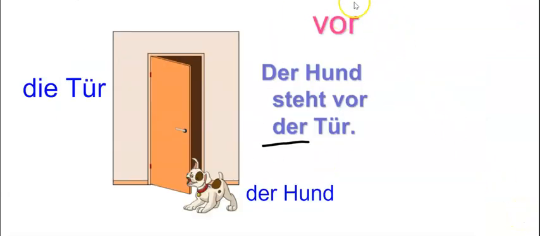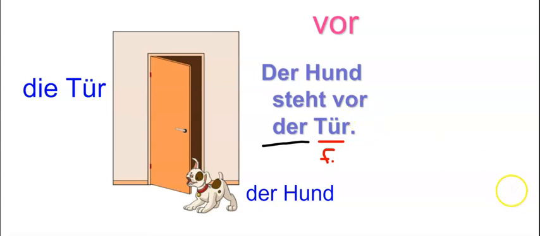Here's another preposition example, putting those into practice. So, vor. Der Hund steht vor der Tür. Tür is feminine, it is die Tür. Der Hund is masculine. The dog stands in front of the door, so it's located in front of the door.